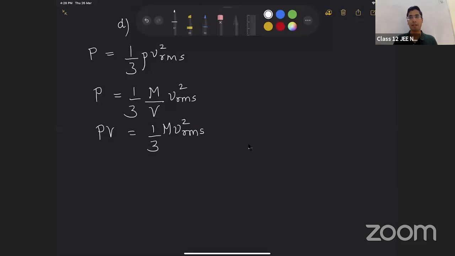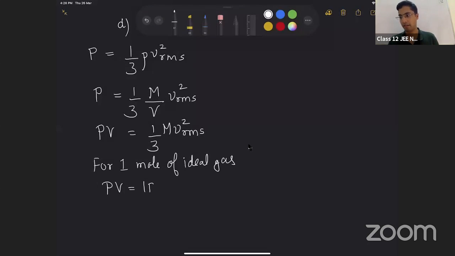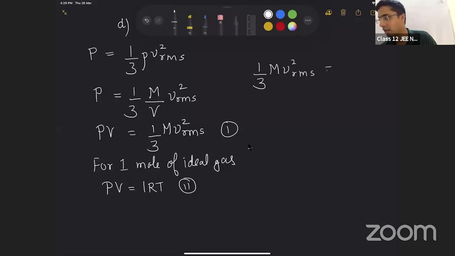Now, because we assume this is an ideal gas, for 1 mole of an ideal gas we can say PV equal to 1 RT. Correct? This basically means if I take equation 1 and equation 2, I can say 1 by 3 m Vrms square is RT. Click yes if you understood how I did this.